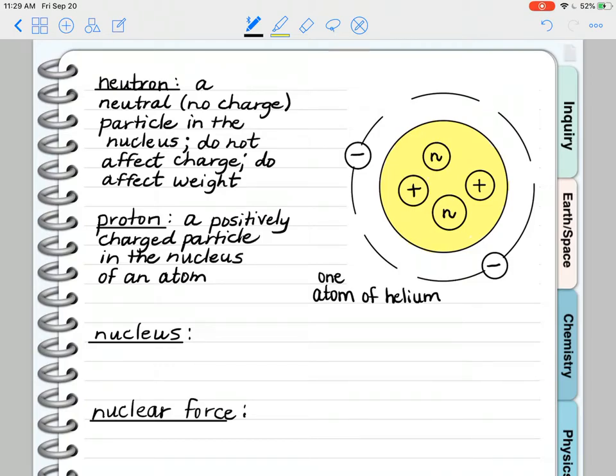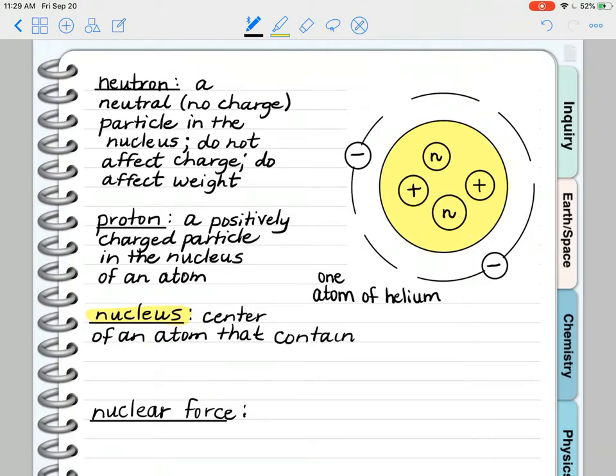Okay? All right, here is the definition of nucleus, which you already know. Nucleus is the yellow part. So what you're seeing in yellow up there is your nucleus. It is the center of an atom that contains the protons and the neutrons.